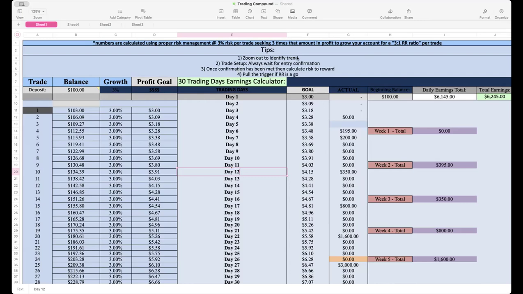Trade setup, zoom out to identify your trend, meaning look at the bigger picture. Look at the bigger picture, please. Always wait for entry confirmation. Once the confirmation has been met, then calculate your risk to reward. Do that on your TradeLocker or MT4, MT5, whichever one you're using.